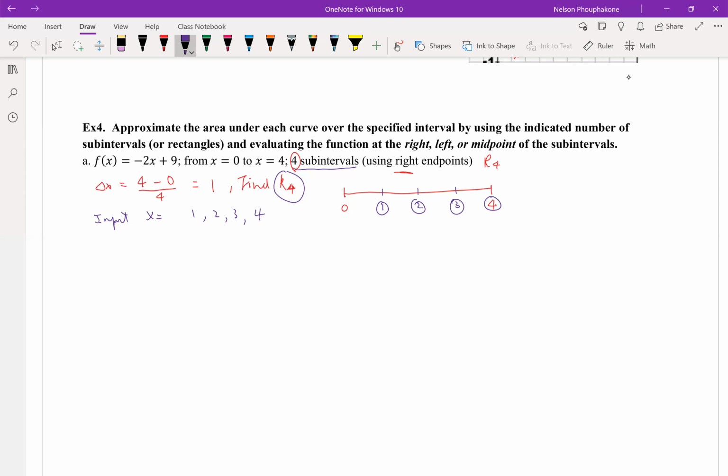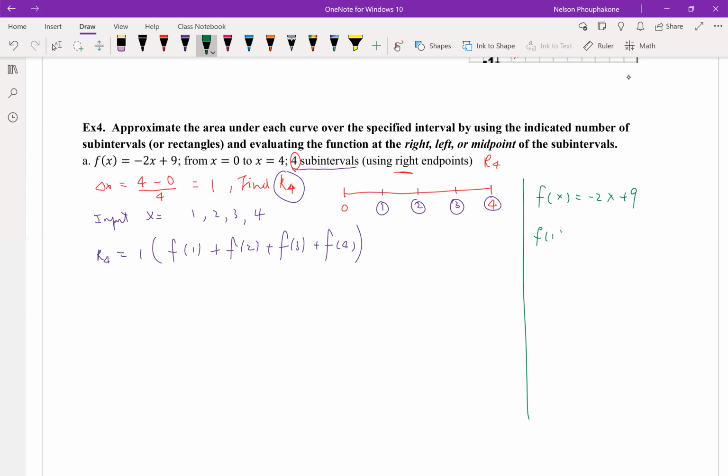Okay, then now the R sub 4 basically is 1 times f of 1 plus f of 2 plus f of 3 plus f of 4. And then we know that f of x equal to negative 2x plus 9.